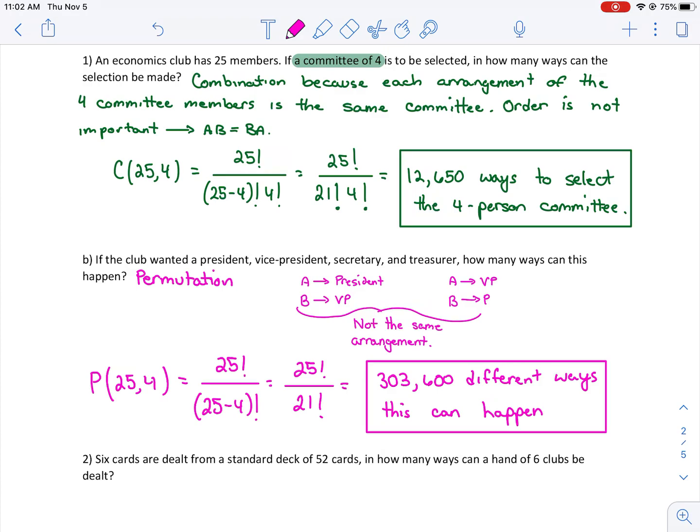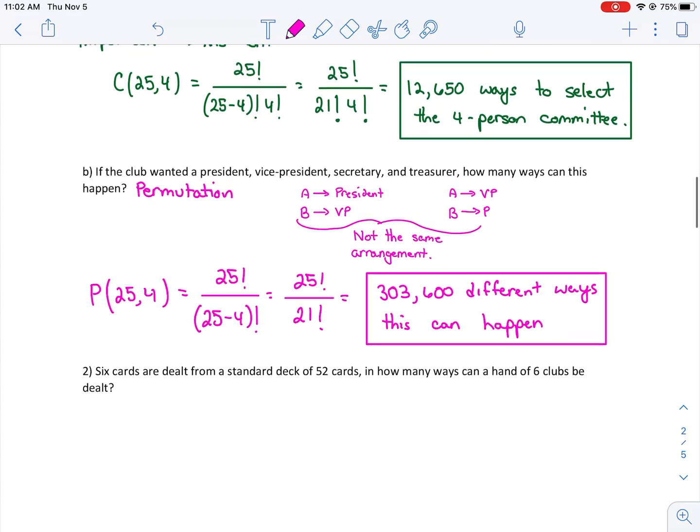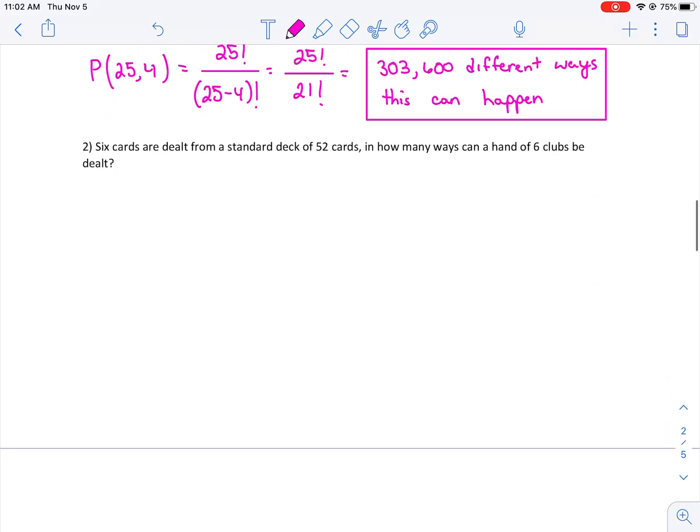Okay, and on to the last one. 6 cards are dealt from a standard deck of 52 cards. In how many ways can a hand of 6 clubs be dealt?